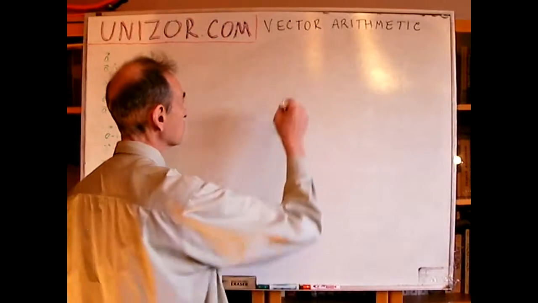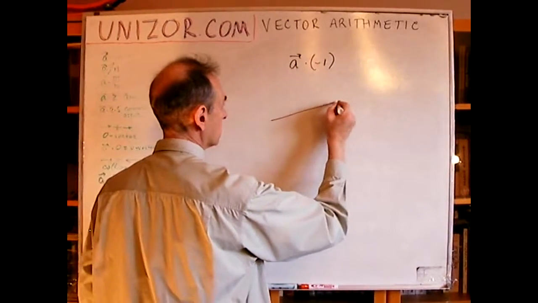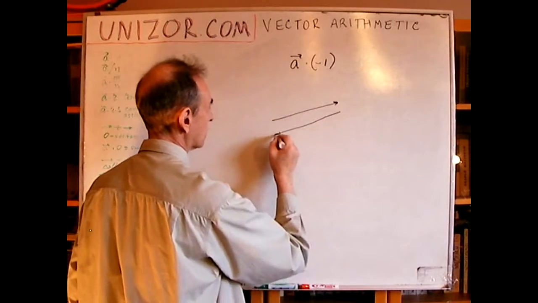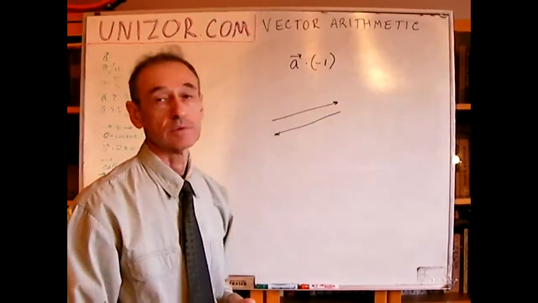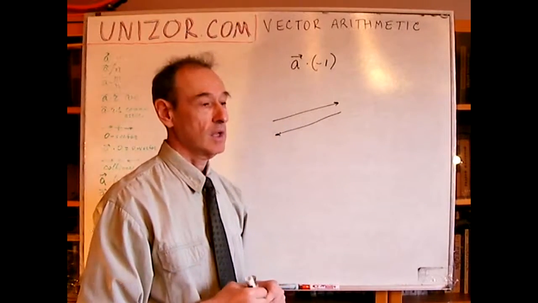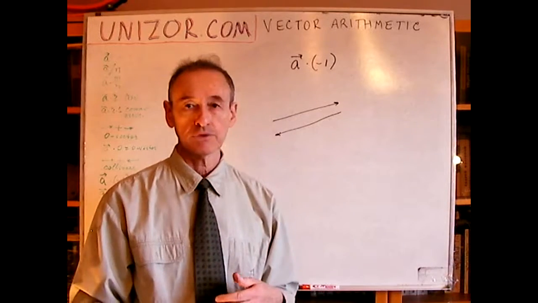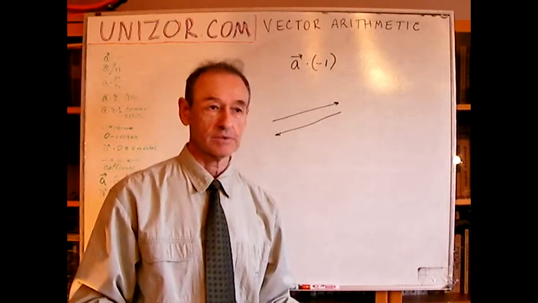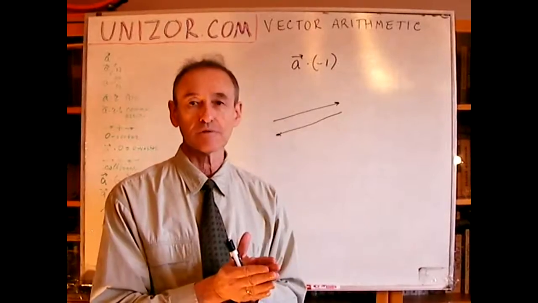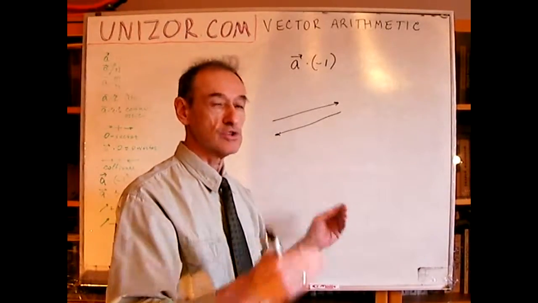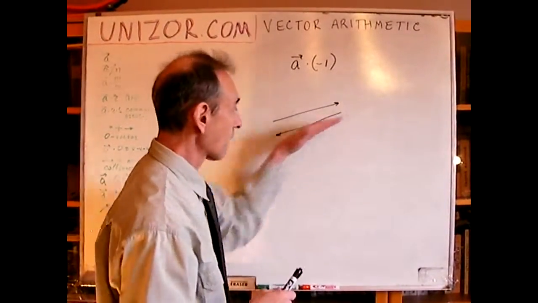Multiplication by -1, I will define as a collinear vector, but directed opposite to the A, the one which I'm starting from. Well, it's exactly the same as with numbers. If you have 5, you multiply 5 by -1, you get -5. So -5 and 5 are symmetrical. They have the same distance from 0. So they're very much similar to two vectors which are directed opposite to each other, but they are collinear.